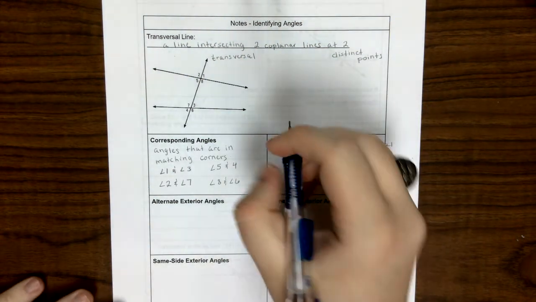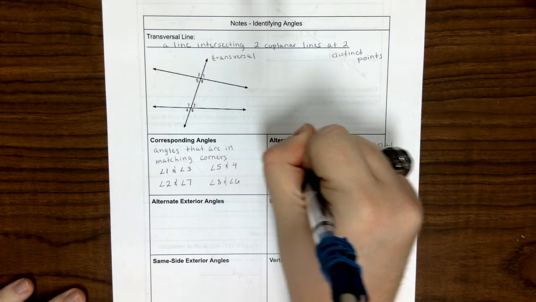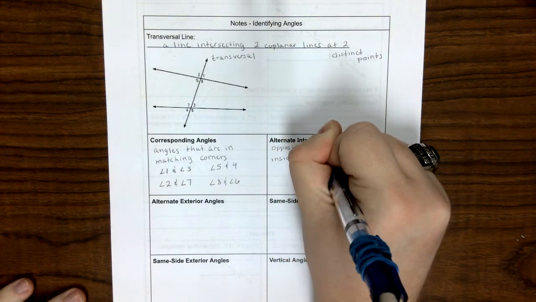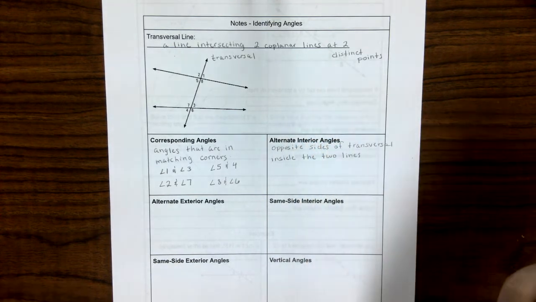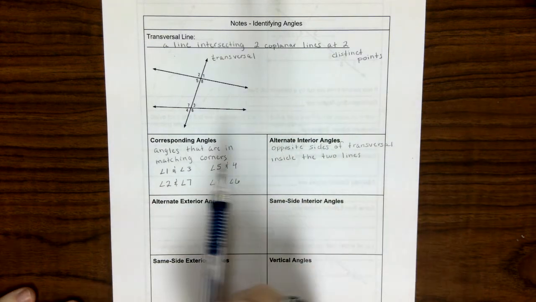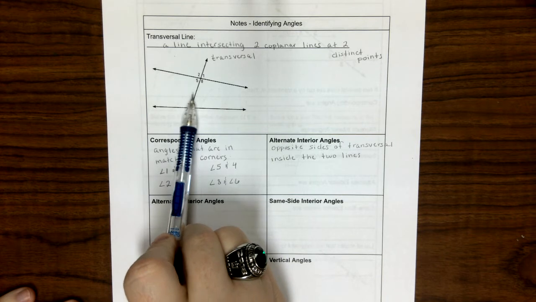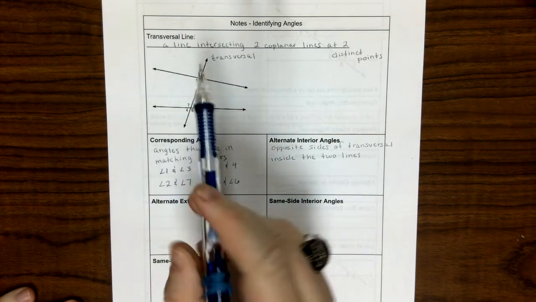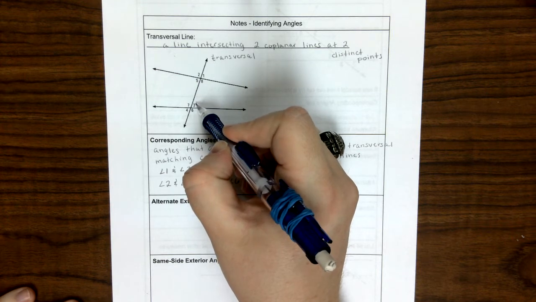So these are going to be inside the two lines. We need to find a pair that is inside the two lines and on different sides of this transversal. I noticed that 5 and 3 fit that definition.